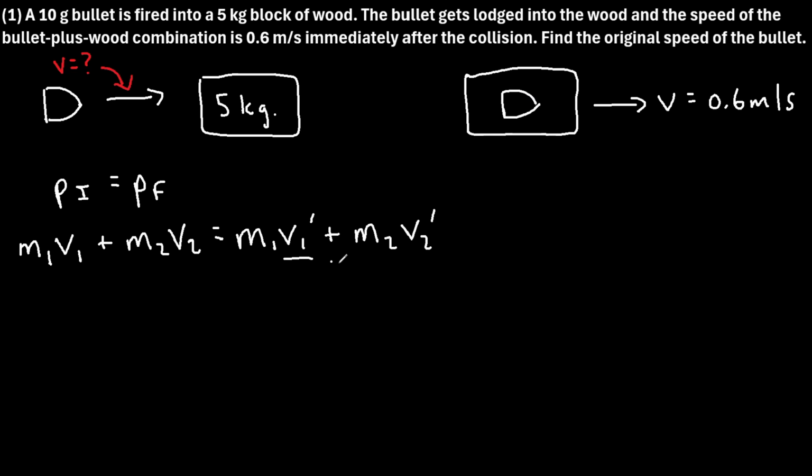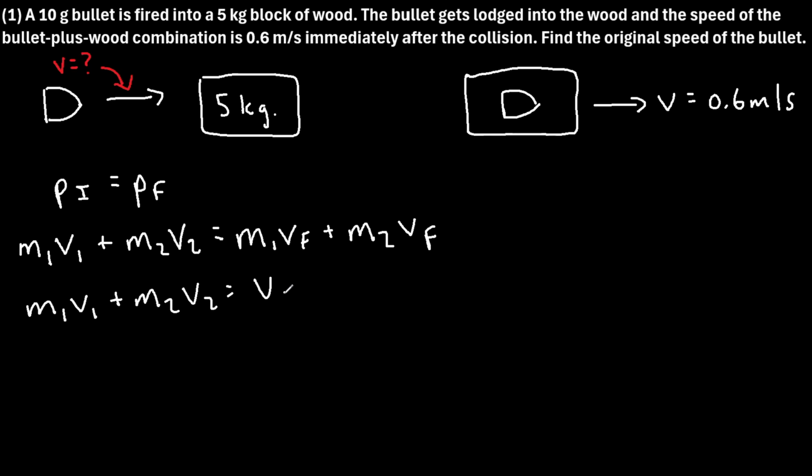So instead of writing v1 final and v2 final, we can just say v sub f, the final velocity. So we have m1 times v sub f plus m2 times v sub f. To simplify this, we can factor out the final velocity on the right-hand side. So here's what we get: m1 v1 plus m2 v2 is equal to v sub f times m1 plus m2.